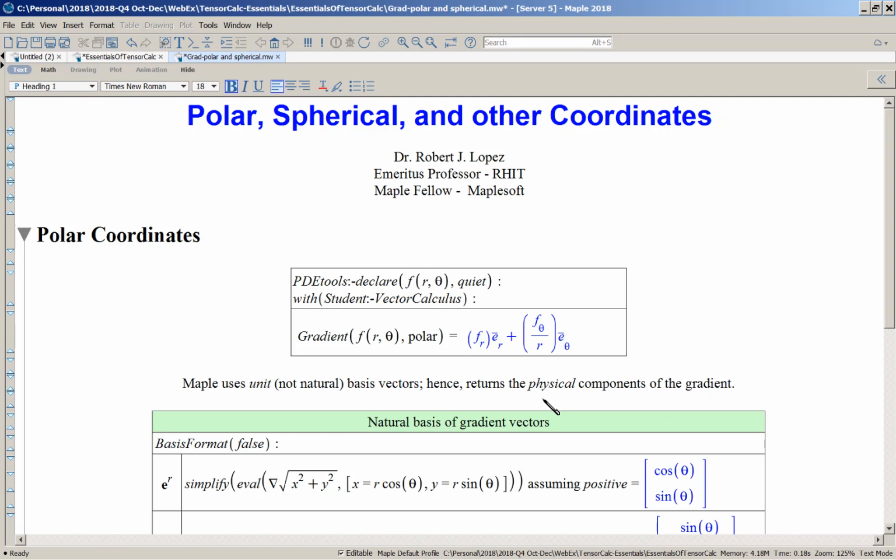That's how these are distinguished in the literature, called the physical components when you work with unit basis vectors. But remember, what we have been working with, what we have been describing, are the natural basis vectors. The natural tangent vectors, you just differentiate, and the natural gradient vectors, you take gradient vectors, you do not normalize.